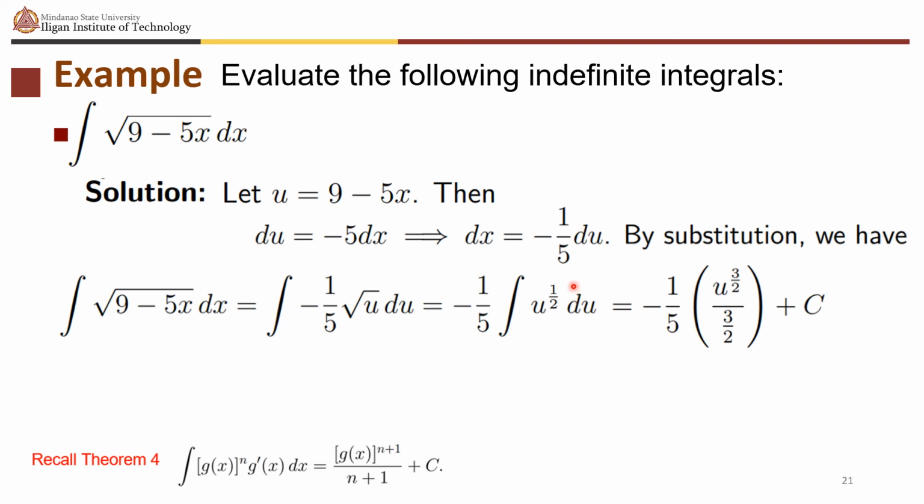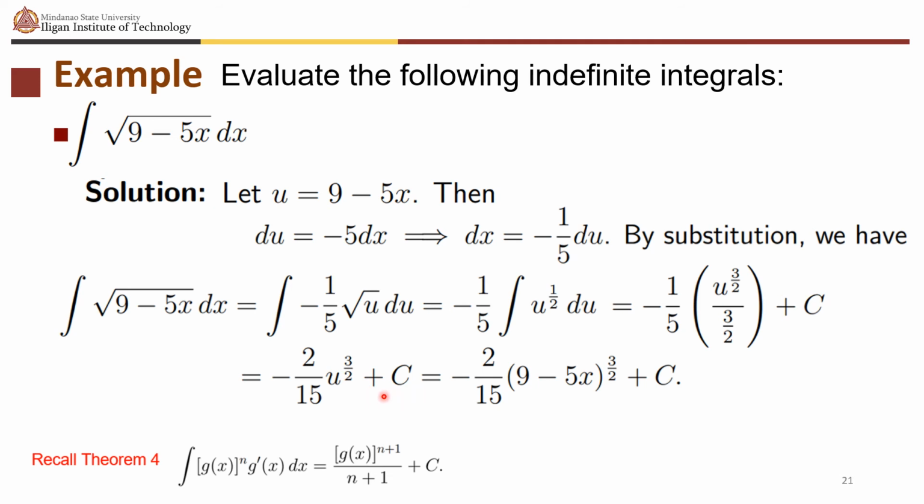Plus 1 can be rewritten as 2 over 2, so 1 over 2 plus 2 over 2 gives us 3 over 2. And your n plus 1 is 3 over 2, plus c. Simplifying further, you can rewrite the 3 over 2 in the denominator as times 2/3. So we have negative 2 over 15 u to the 3 over 2 plus c.